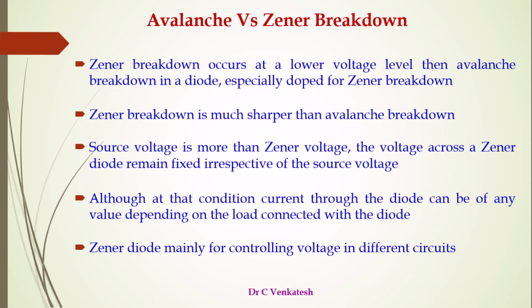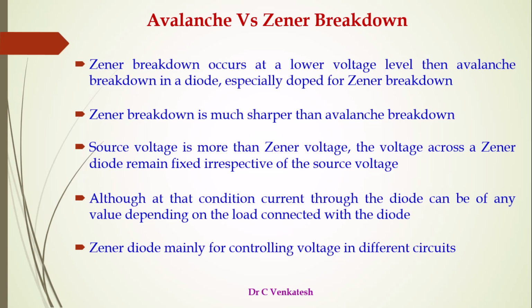Now we are going to see the comparison between avalanche and Zener breakdown. Zener breakdown occurs at a lower voltage level than the avalanche breakdown. The Zener breakdown is much sharper than the avalanche breakdown. When a Zener diode is connected across a voltage source and the source voltage is greater than the Zener voltage, the voltage across the diode remains fixed, constant, irrespective of the source voltage.